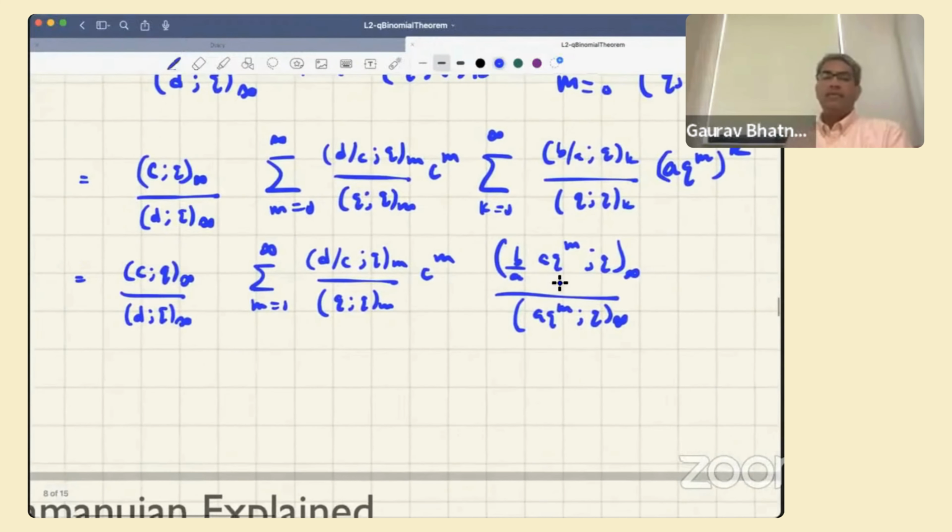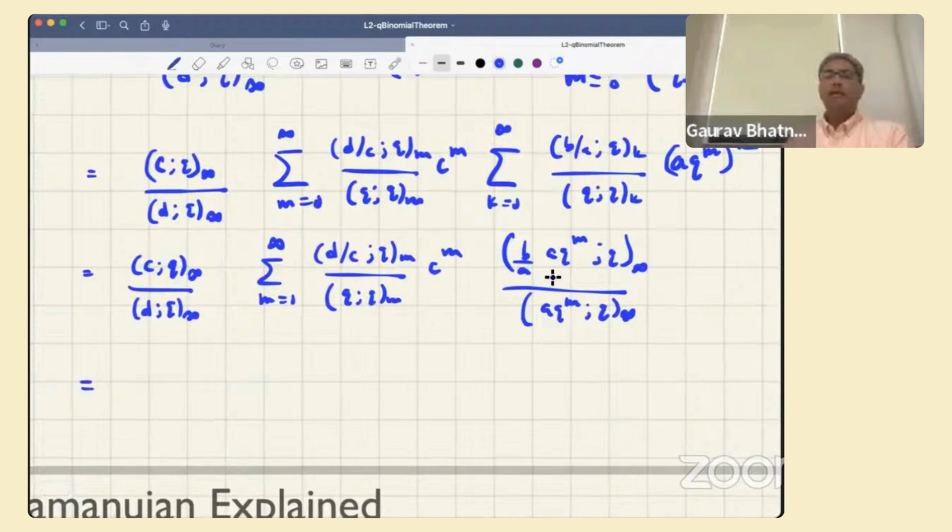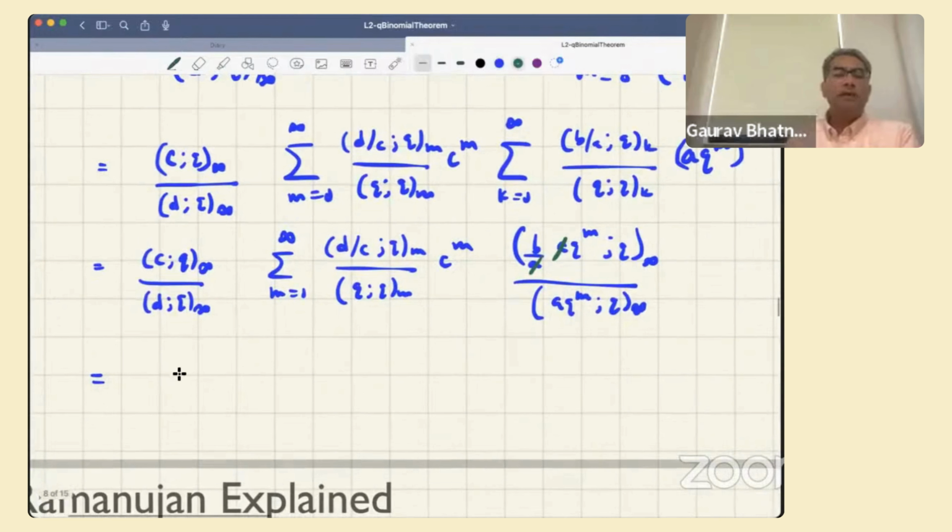And again, we use the same idea here and multiply and divide. So b over a and a get cancelled, and I get (c;q) infinity over (d;q) infinity, and this is (bq to the m;q) infinity. If we divide by (b;q) infinity and multiply by (b;q) infinity, you'll get (b;q) infinity on top.